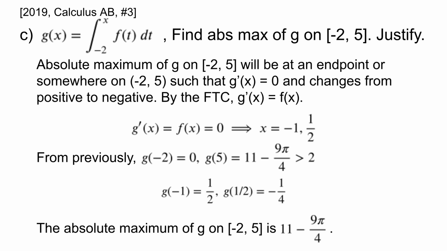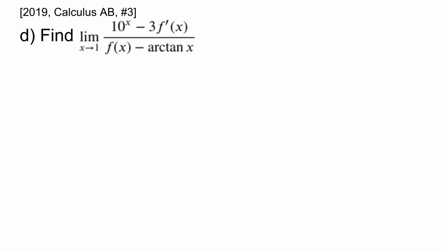In part D of the question, we are asked to find the limit as x approaches 1 of 10 to the x minus 3 times f prime of x all over f of x minus arctangent of x.